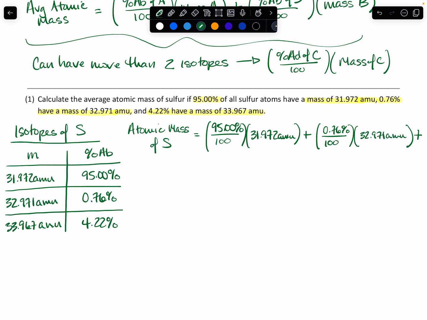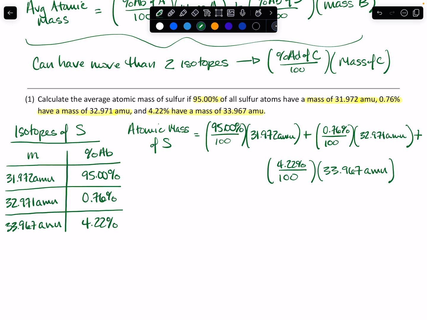So you can see what I'm talking about, running out of room here. I'm going to put this third one just underneath, and we'll have 4.22% divided by 100, and the mass of the third isotope is 33.967 AMU. Now, a lot of times we like to ask questions about predicting what that average atomic mass should be based on the abundance values. In this case, it's pretty clear that one isotope has the highest abundance.